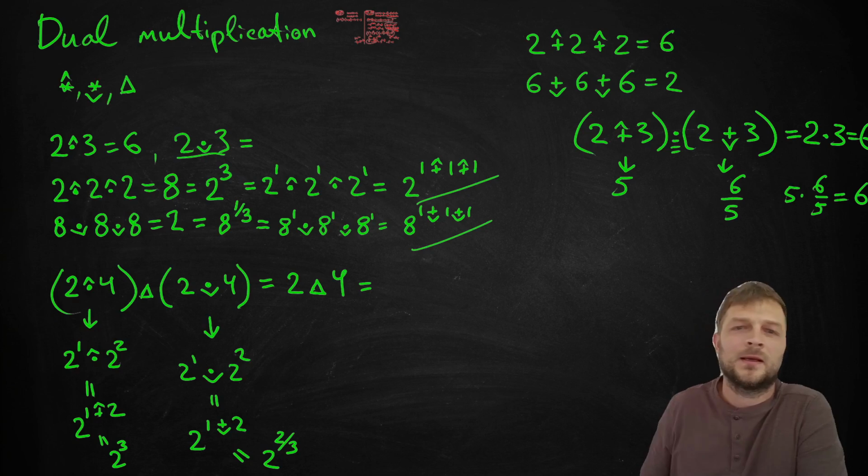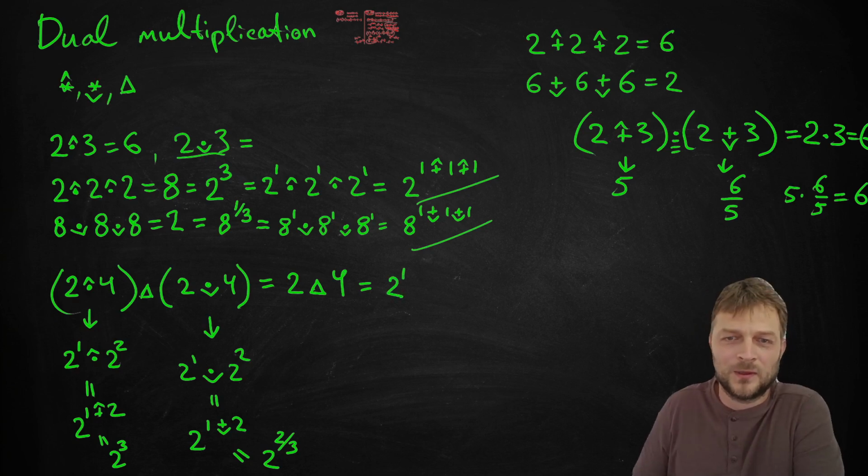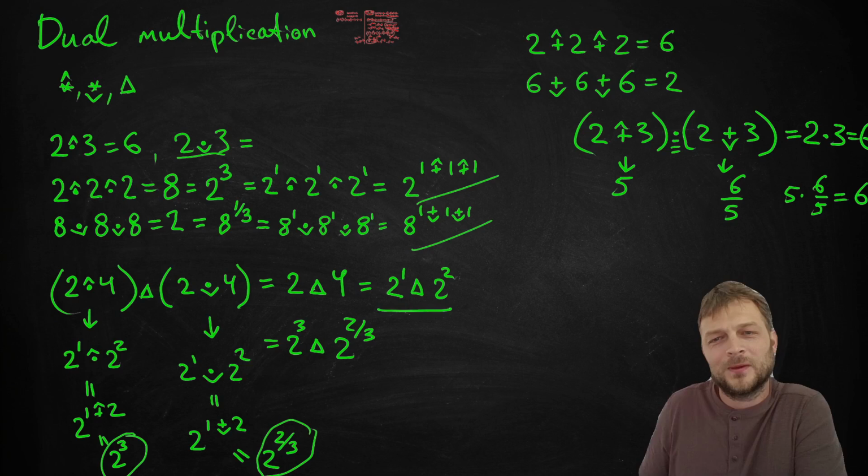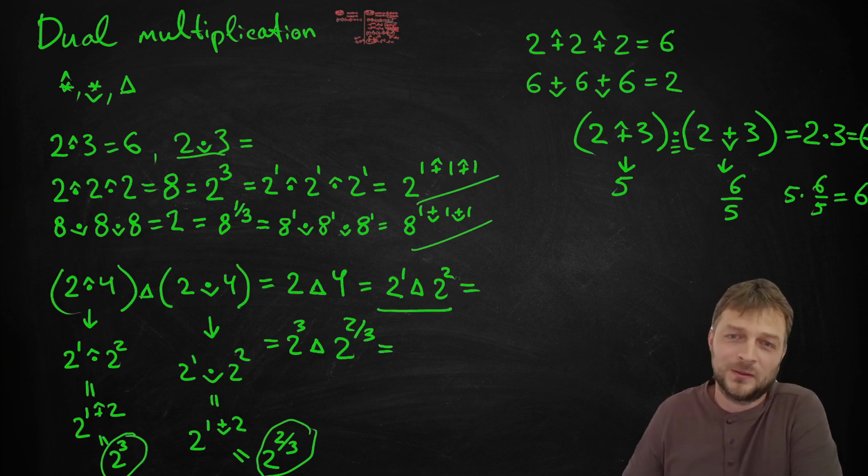Okay, and here we have 2 to the power 1 triangle 2 to the power 2. So looking at these, we want this to be multiplied with a triangle. So we want these both to be equal, 2 to the power 2 thirds. So the immediate idea here is that we want this triangle to multiply powers.